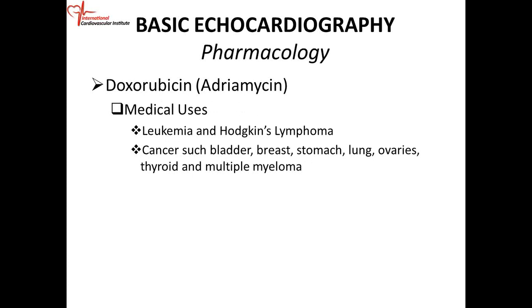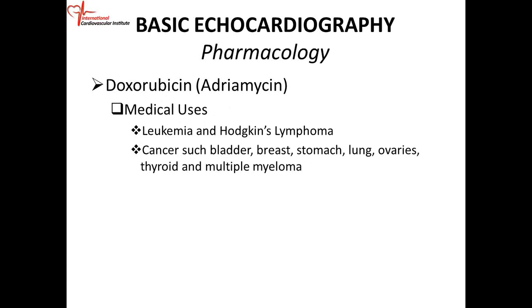With a cancer, the problem is that the cells replicate too much and they duplicate, and that's how they cause problems. So we use doxorubicin or Adriamycin in patients with leukemia, Hodgkin's lymphoma, cancers such as bladder, breast, stomach, lung, ovaries, thyroid. We also use it in multiple myeloma. We see a lot of patients with breast cancer.